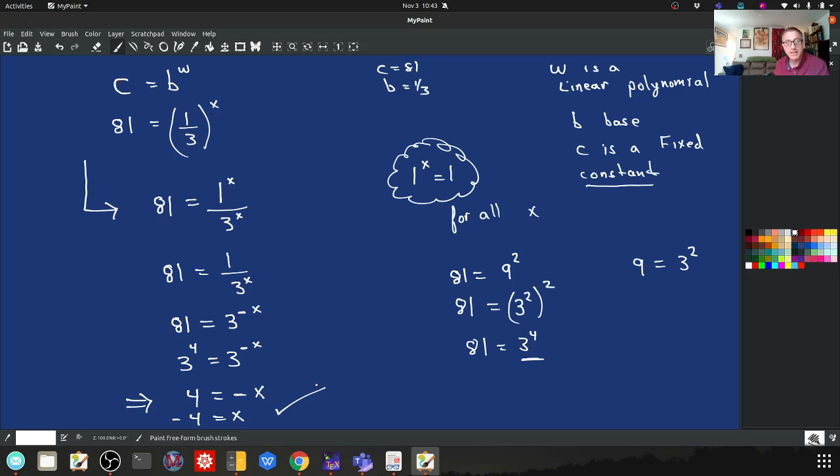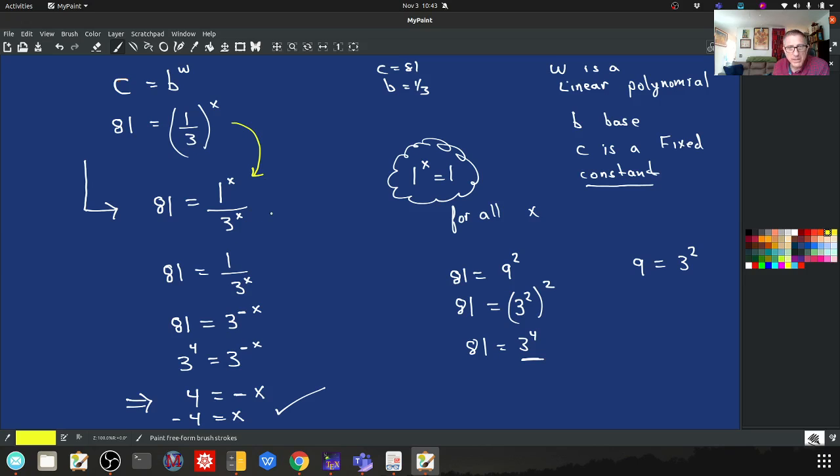So take a deep breath. It wasn't so bad, was it? The things that we want to go back and note is, what is the numerical base that really does the work here? It's not 1/3, but rather actually 3, because by rewriting just the right-hand side, 1 to the x is equal to 1.